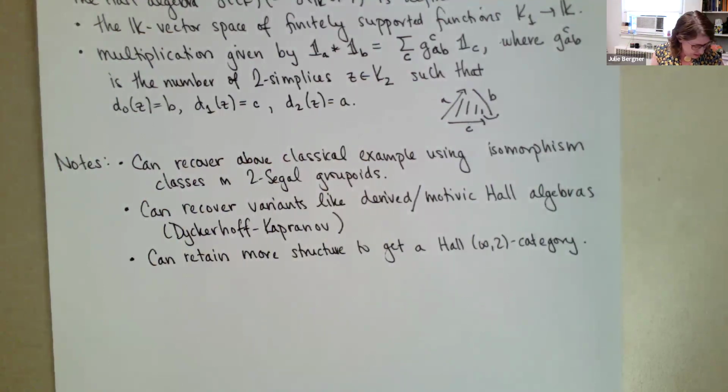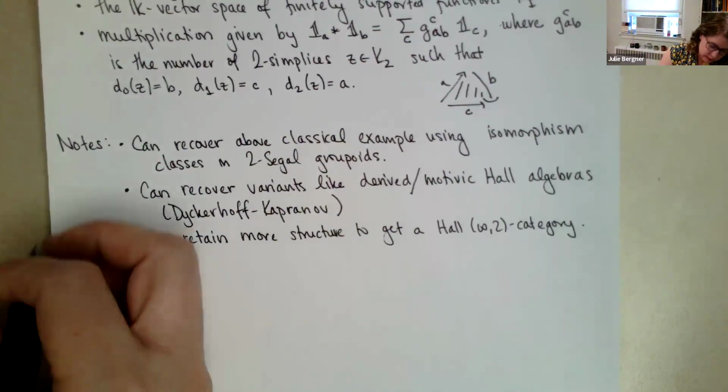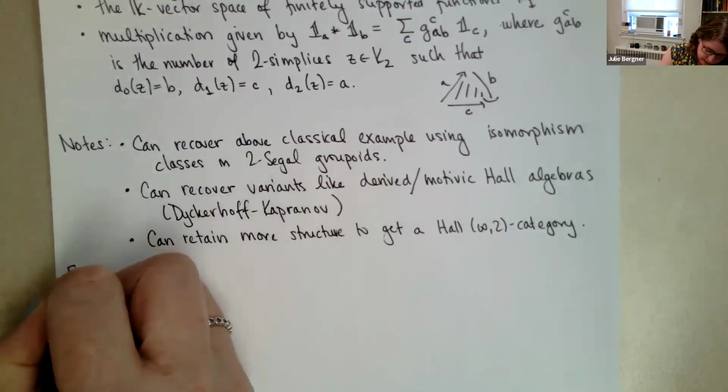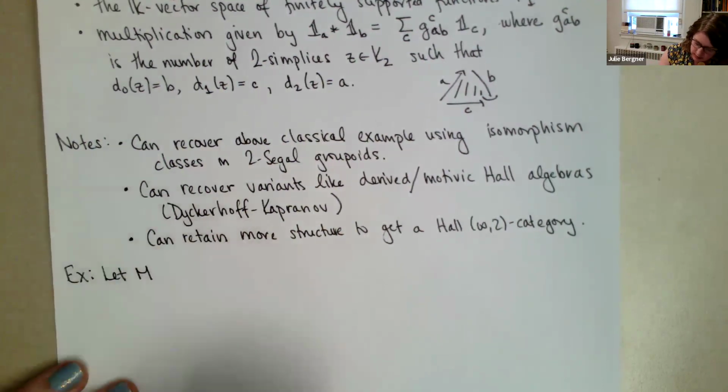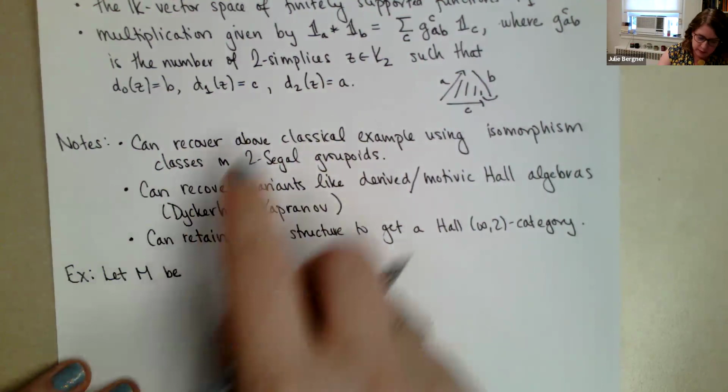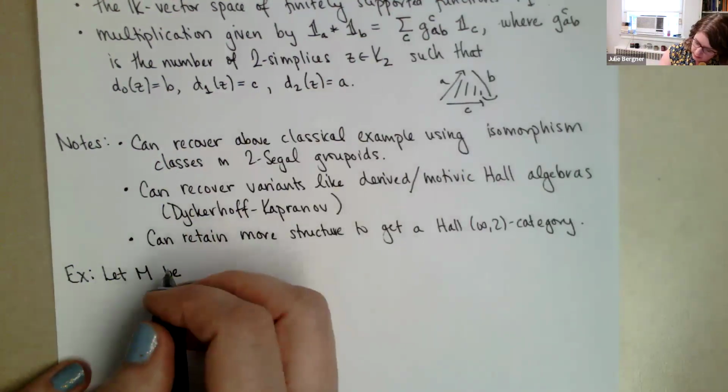So let me give an example. We've had this running example through this series of partial monoids. Let's look at what happens if we apply this definition up here.